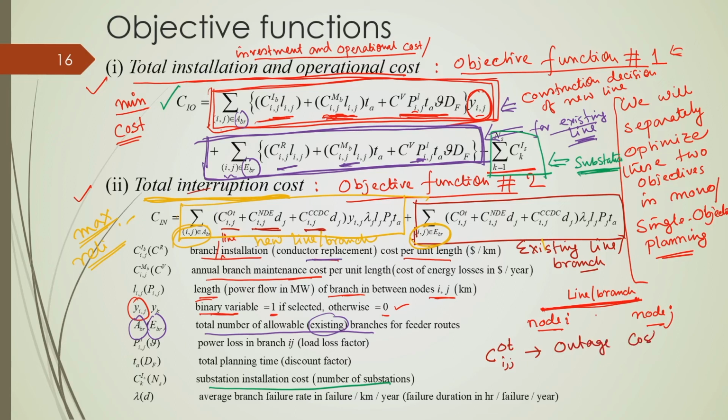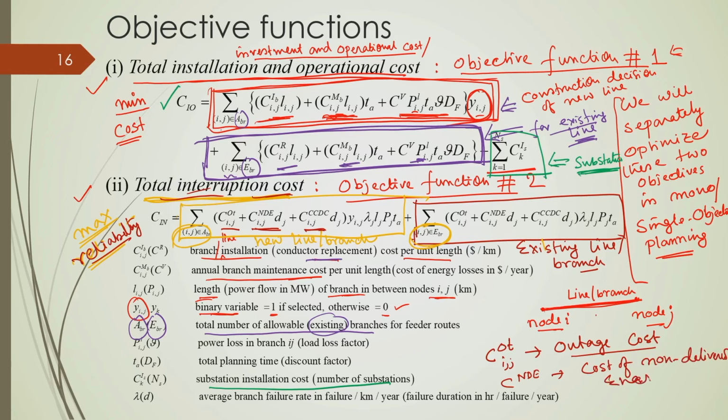Here again we translate this reliability into a cost function by considering this outage cost, and CND stands for cost of non delivered energy.